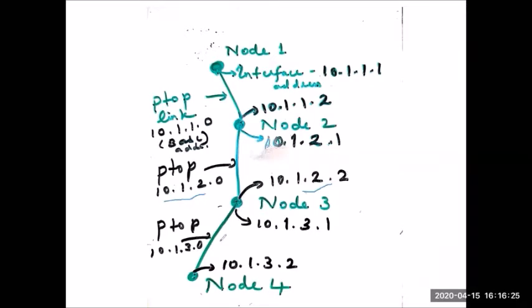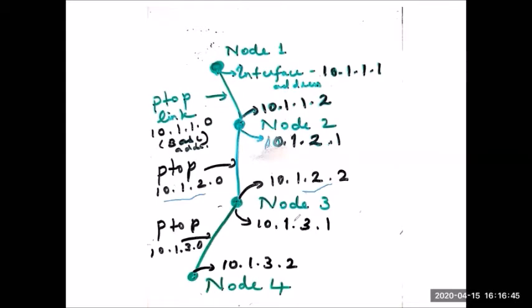Last case, a third point-to-point link is installed between nodes 3 and 4. As you can see here, this is node 3 and this is node 4. The base address assigned to this point-to-point link is 10.1.3.0. So what will be the address at this interface?